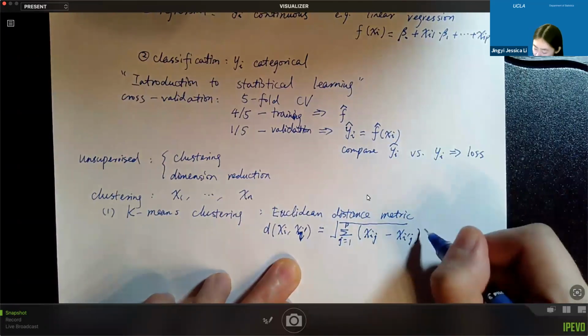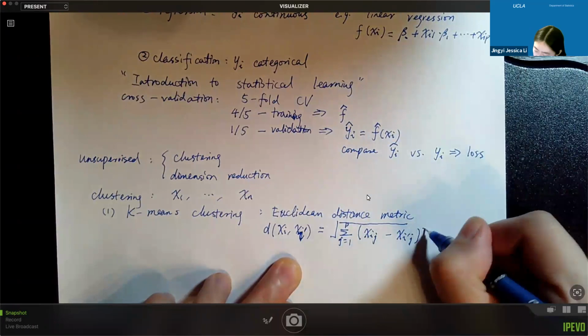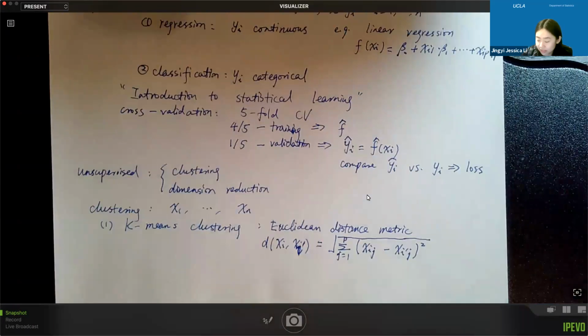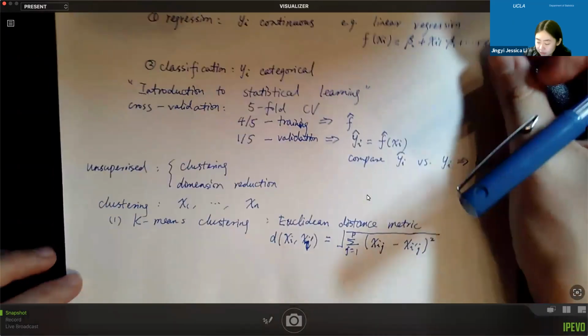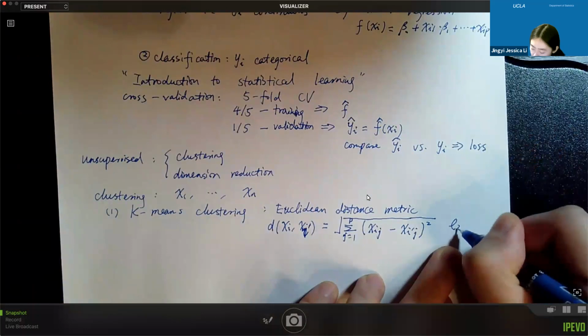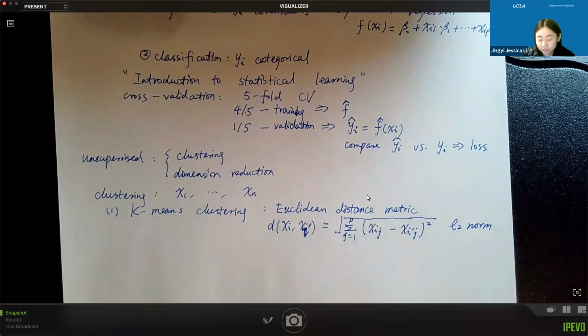I take the difference for the two data points in the jth dimension, square it, take the sum, and then take the square root. That's the definition of the Euclidean distance. In some cases, people call this the L2 norm. That's another way of saying the same thing.